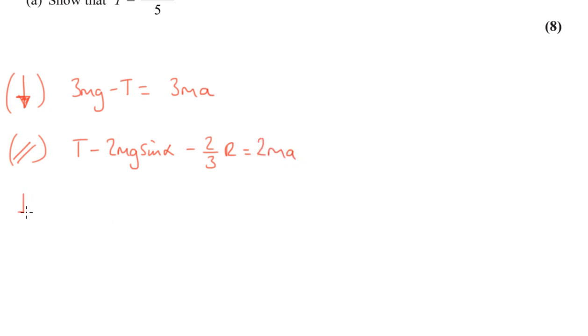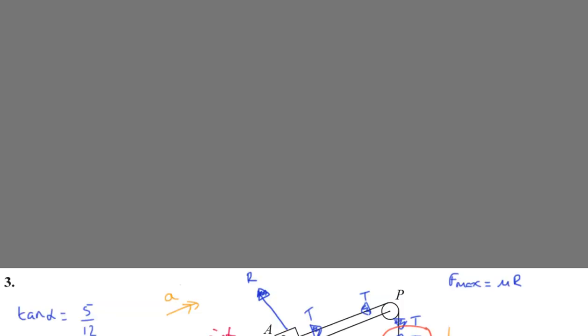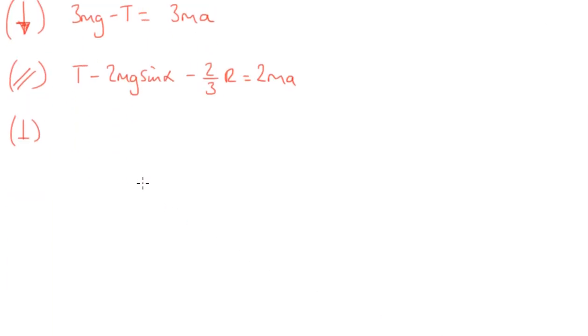And if I look at forces perpendicular to the plane, I know that R will equal 2mg cos alpha. There is no movement perpendicular to the plane, so R will equal 2mg cos alpha.